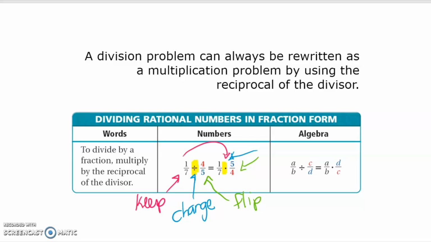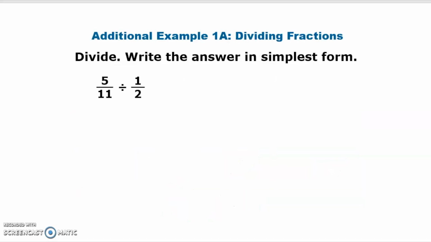All right, let's practice one without negatives, and then we'll start throwing the negatives in there. Okay, so 5/11. Step one, we're going to keep 5/11.